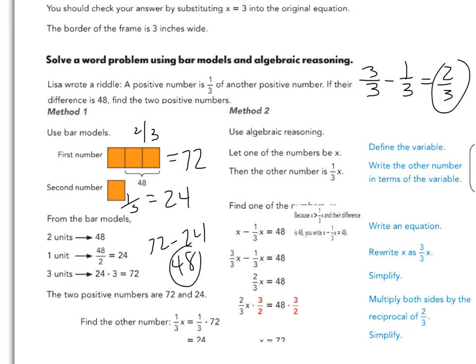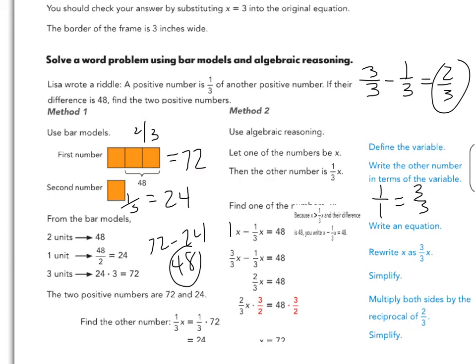Now, if you do that algebraically, we say the first number is x, the second number is 1/3 of x, so we do x minus 1/3 of x equals 48. Now we need a common denominator with thirds, so 3/3 is 1. So 1x, or 1/1, is equal to 3/3. Those are equivalent fractions. So 3/3 x minus 1/3 x is 2/3 x equals 48.